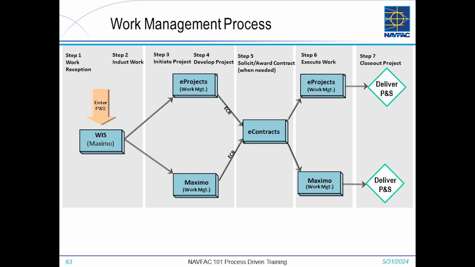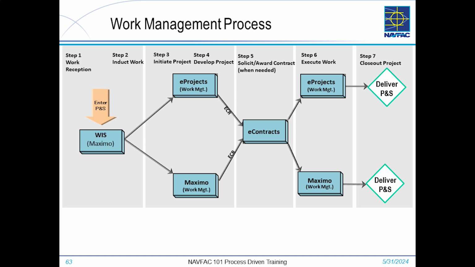If the ECR is accepted, that will begin the solicitation process. And key information is then stored in eContracts, such as who the vendor is, the award amount, the award date of the contract. All of that information is automatically interfaced back over into eProjects and Maximo.